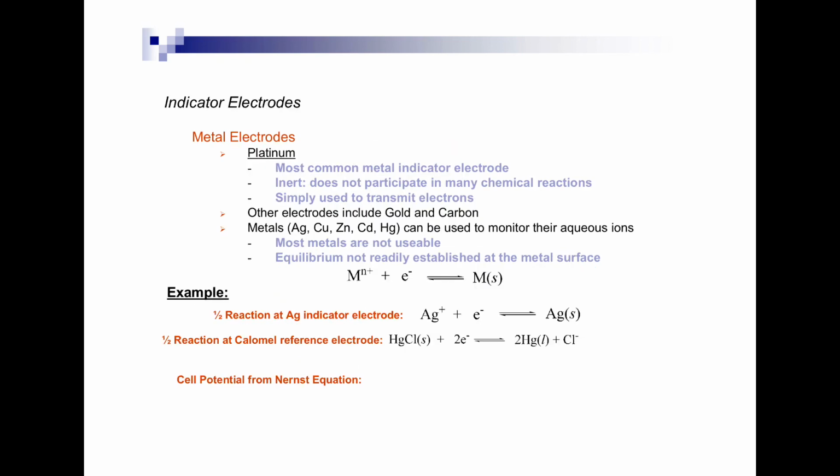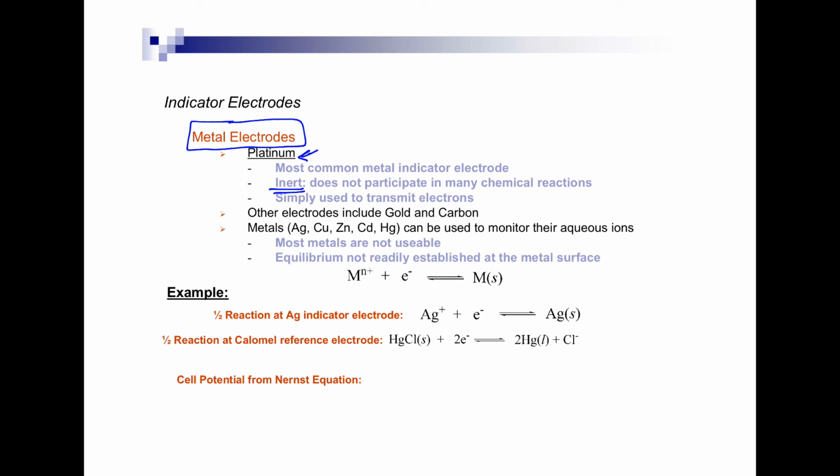When we're talking about metal electrodes, the most common type of metal electrode is platinum. What's really nice about it is that it's extremely inert. Not a lot happens on the surface of platinum, so it's not easily oxidized.